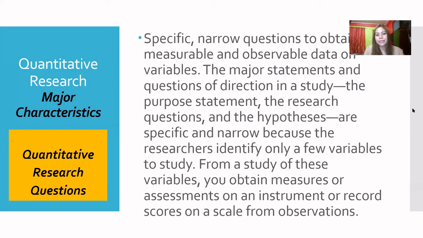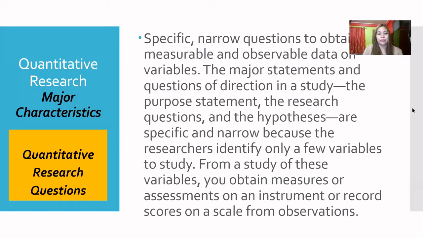The major statements and questions of direction in a study, the purpose statement, the research questions, and the hypothesis, are specific and narrow because the researchers identify only a few variables to study.